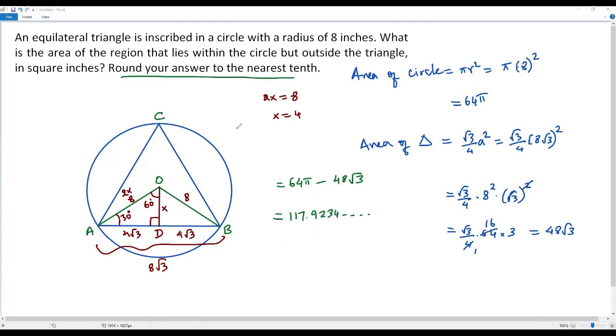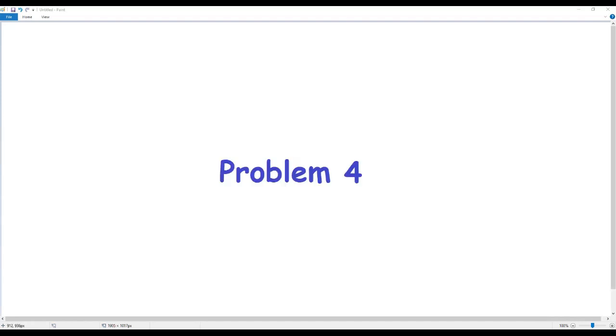According to this instruction, we have to round our answer to the nearest tenth. When I round this value to the nearest tenth, I am getting 117.9. Here we have the radius of the circle in inches, then the area we got over here must be in square inches. Therefore, the required area is 117.9 square inches.